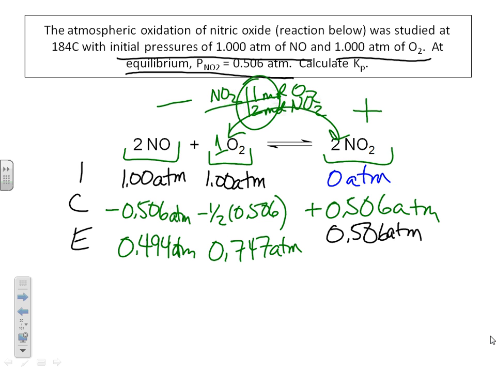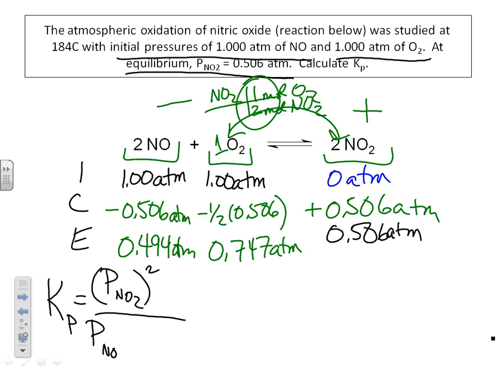Once you have your ICE chart completely filled in, which it is now, you've put something in all possible slots, now you're going to go to your K expression. K expression, in this case it's Kp, products over reactants raised to their coefficients. So in this case it's going to be the partial pressure of NO2 raised to its coefficient, which is a 2, so I'm going to square it, divided by the reactants.